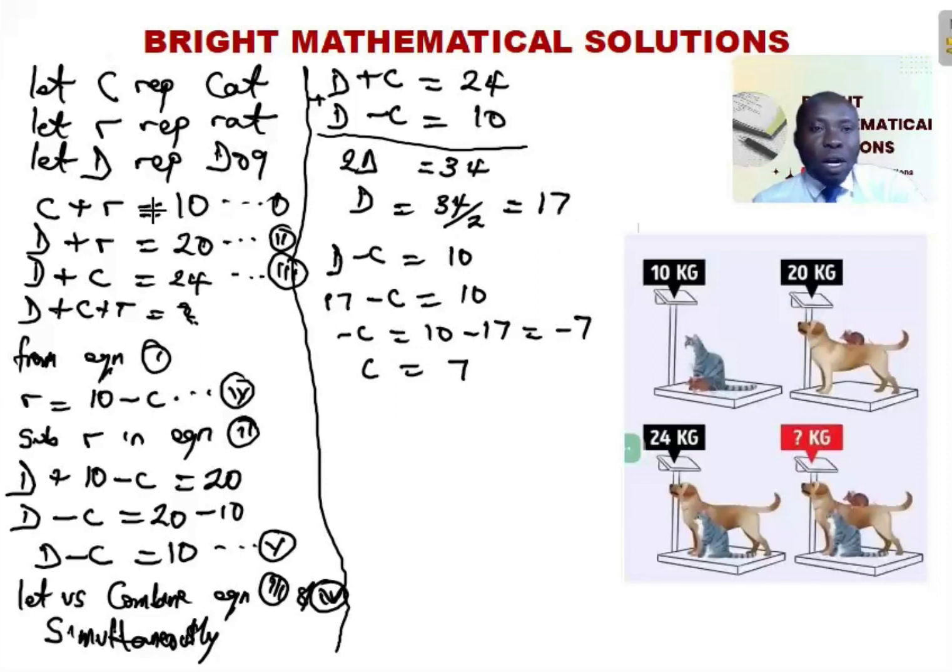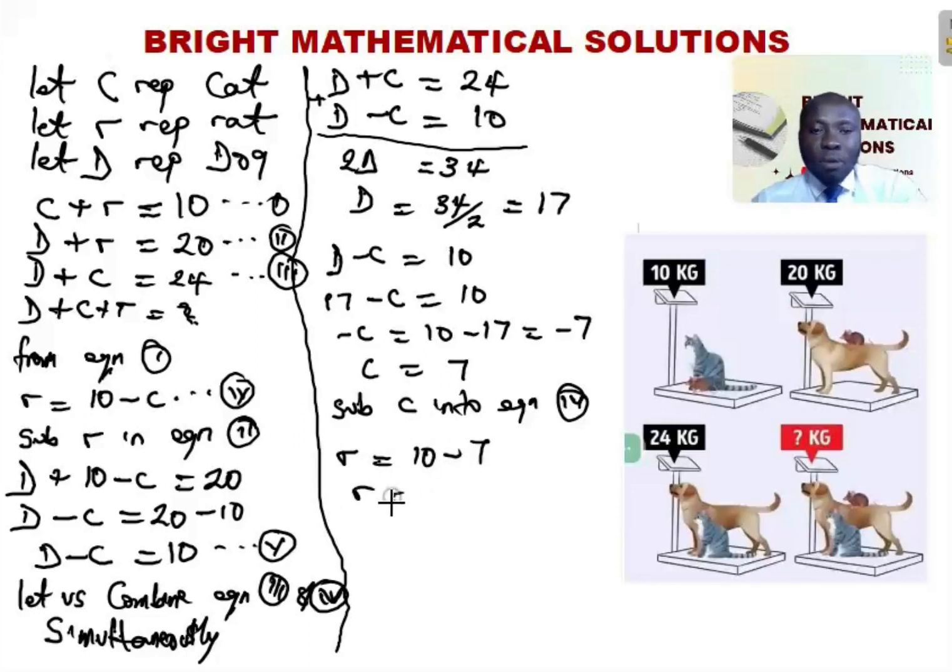Now we've gotten the value of C to be 7, D to be 17. So let us solve for R. Substitute C into equation 4. Our equation 4 says R equals 10 minus C, and C is 7.